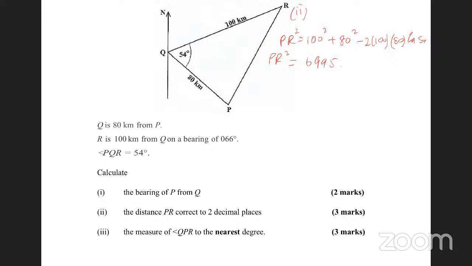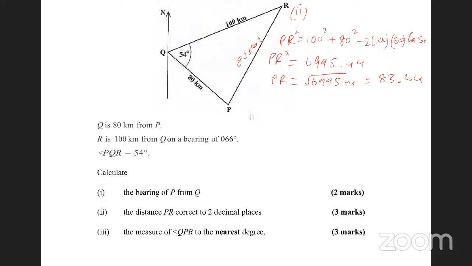Then you square root that value. How much? 83.64. Nice. So this distance here is 83.64.